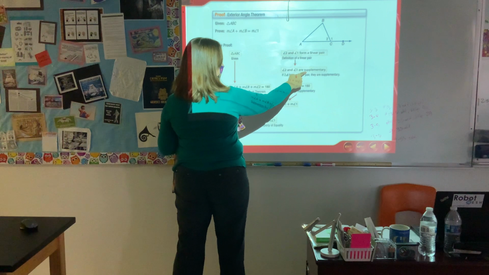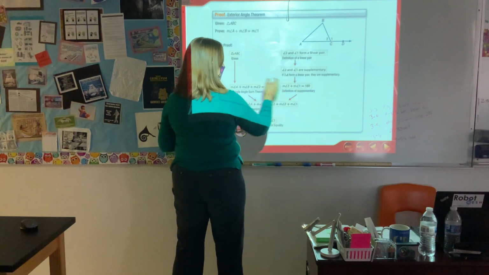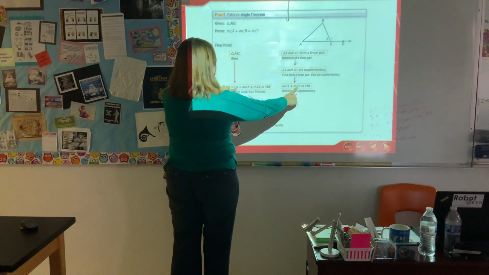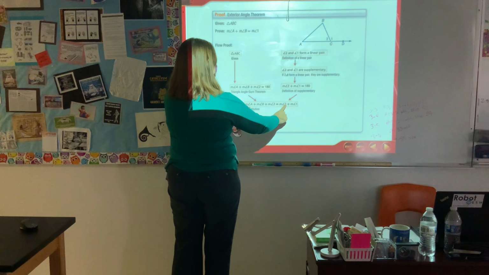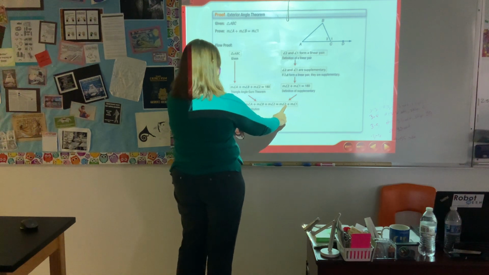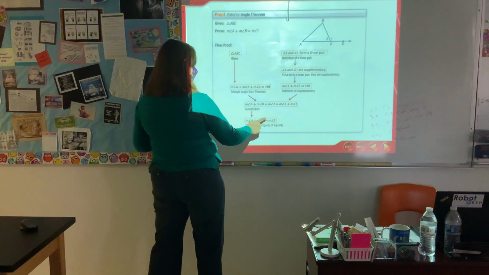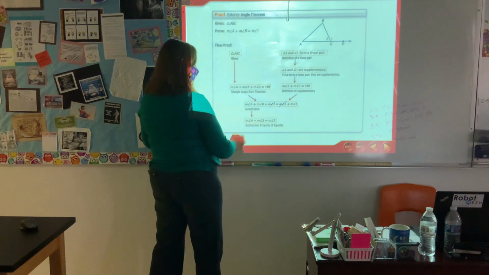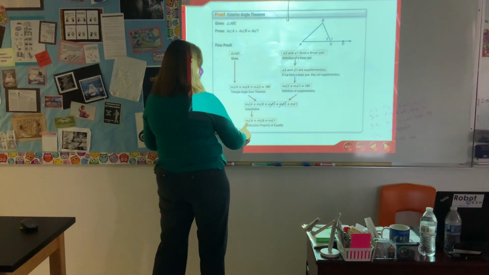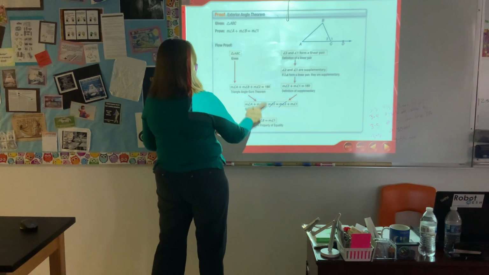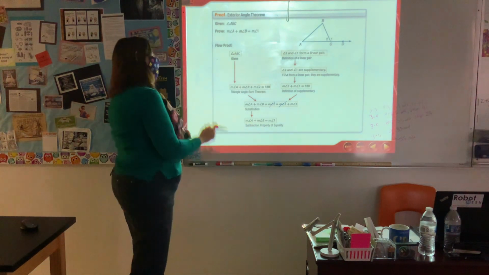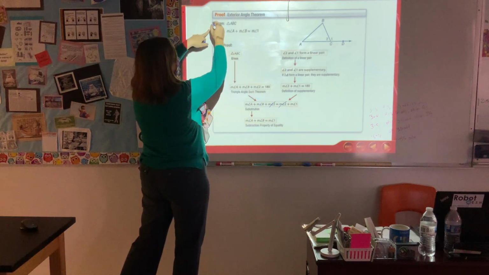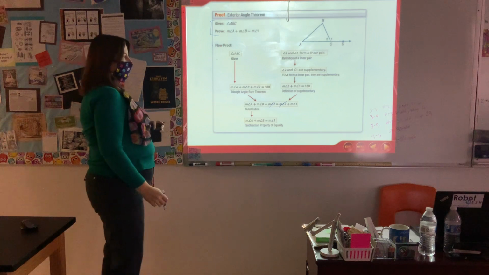If they're a linear pair, they're supplementary, which means these two equal 180 when added together. Then we use substitution to set these two equal to one another rather than 180. And then we subtract away the measure of angle 2. So I'm left with the measure of angle A plus the measure of angle B equals the measure of angle 1. So this is how they went about proving this particular theorem.